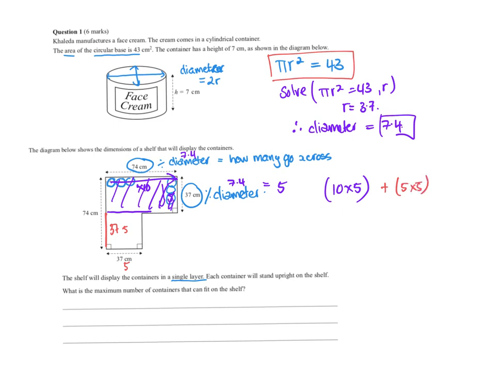So in total, what's the maximum I can get? That would be 50 plus 25. So the maximum I can get on the shelf is 75 containers.